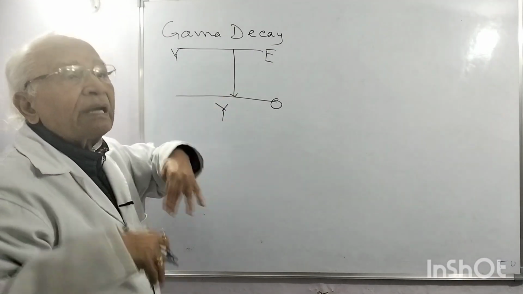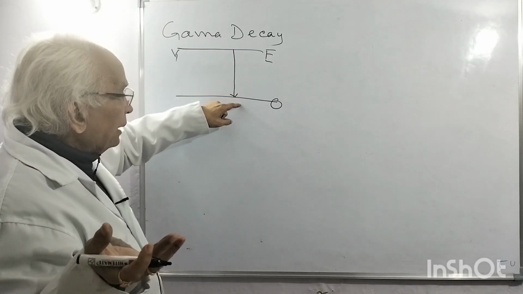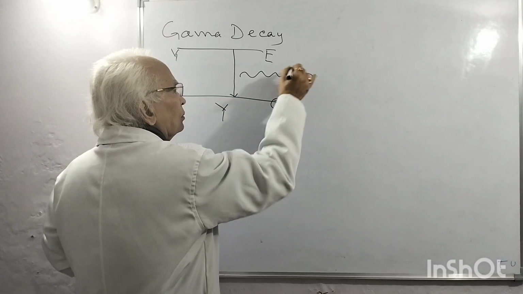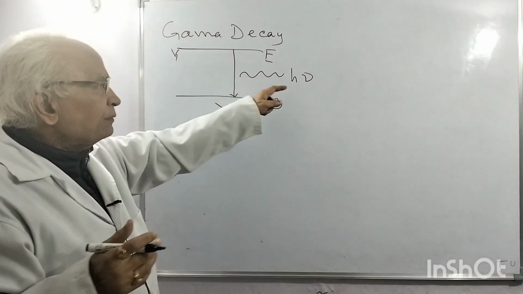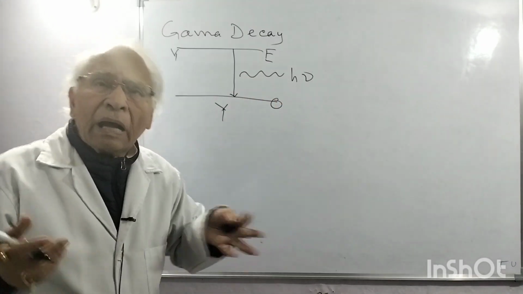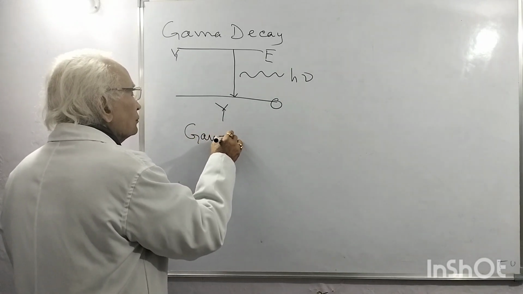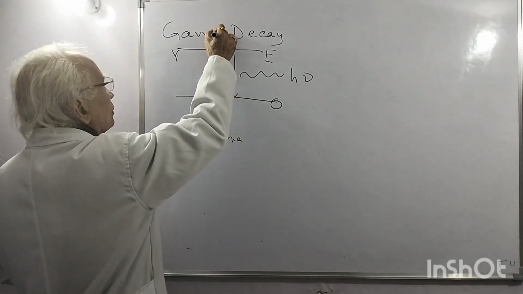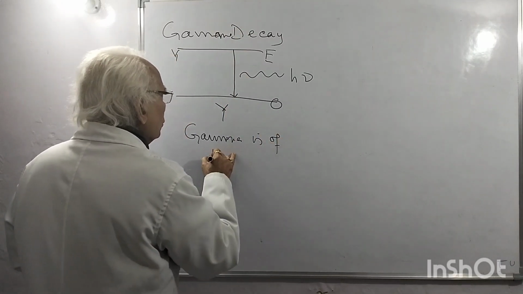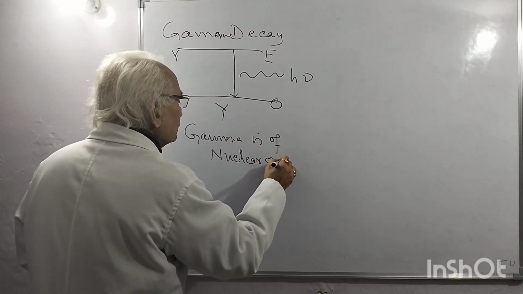When Y is in an excited state, it means it has energy. This energy comes out and the system comes to the ground state by emission of an h nu energy photon. This photon is in the keV or MeV range, and this is called gamma, because gamma is of nuclear origin.